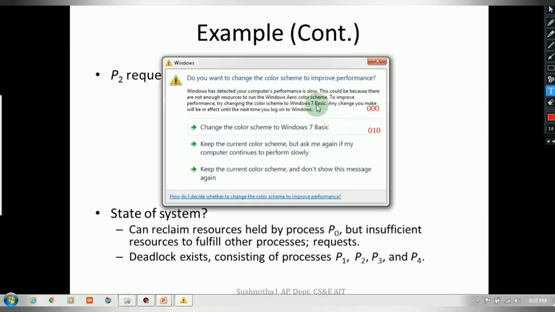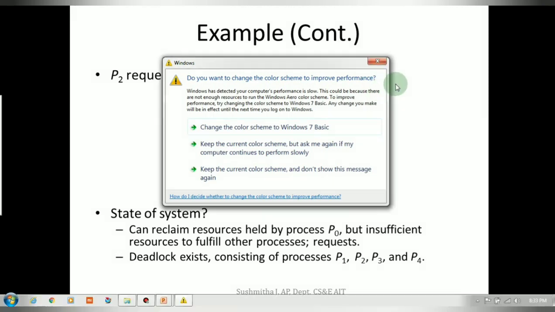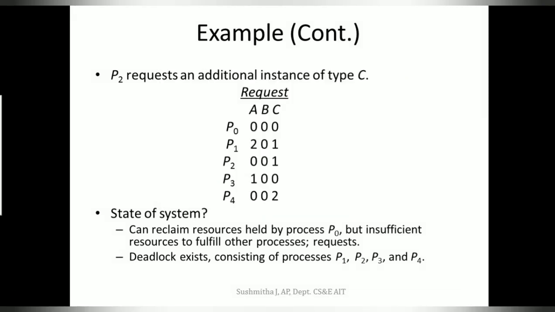So this is about your deadlock detection algorithm. We have addressed how we could detect a deadlock if there is a single instance, that is with your wait-for graph. If there exists a cycle, it is a deadlock. If there is no cycle, it indicates that there is no deadlock.